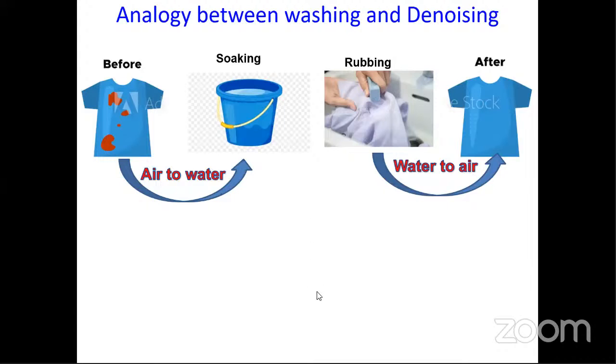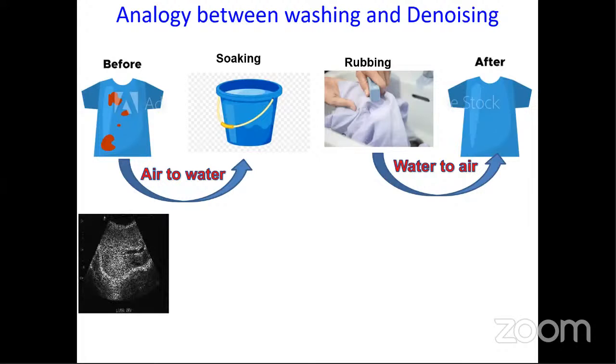The same thing applies with respect to denoising. If you understand this analogy, then denoising is very, very easy. Now you have an image. It is basically an ultrasound image. Unfortunately, this is similar to the shirt. This image is corrupted by noise. What I have to do is take this from the spatial domain to the frequency domain.